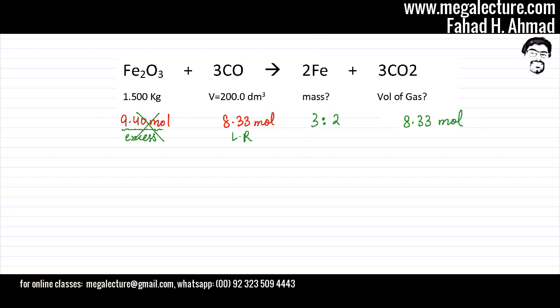If you have 8.33 moles of carbon monoxide, how many moles of Fe would be produced? Using ratios, 8.33 is going to produce X. Cross multiplying, X comes out to be 2 multiplied by 8.33 divided by 3.